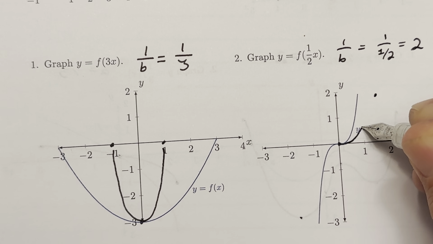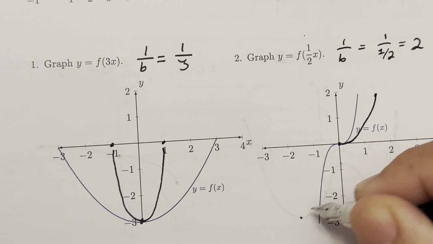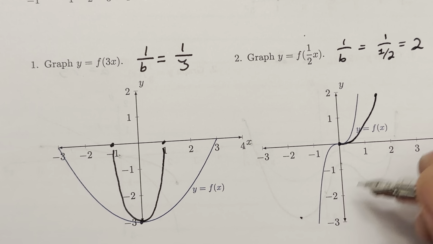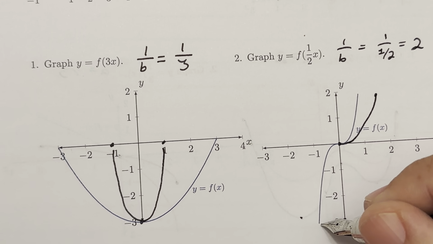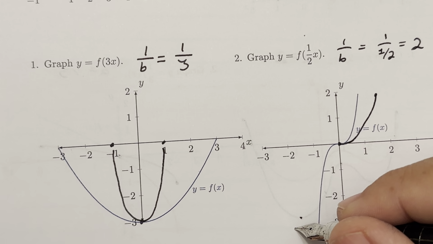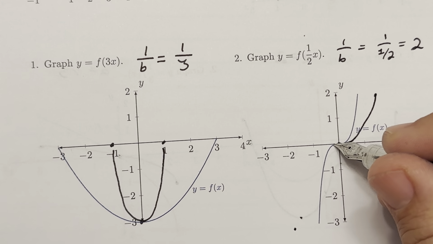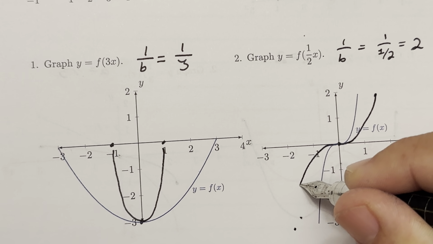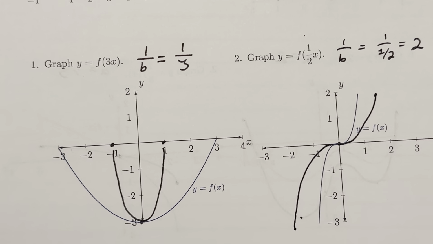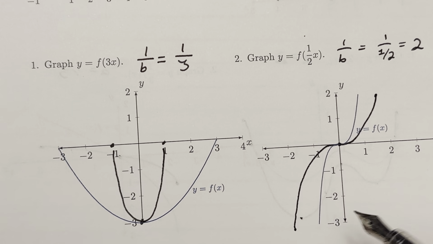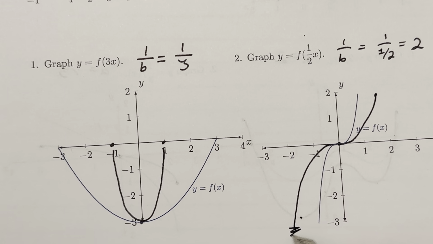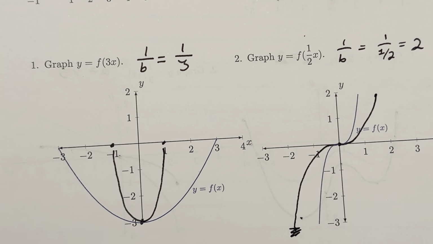Goes out a little bit further before going up. There we go. And then this one that came to -1 now goes to -2. And there it is, just like that. Again, the y values stay the same. It is the x values that change.